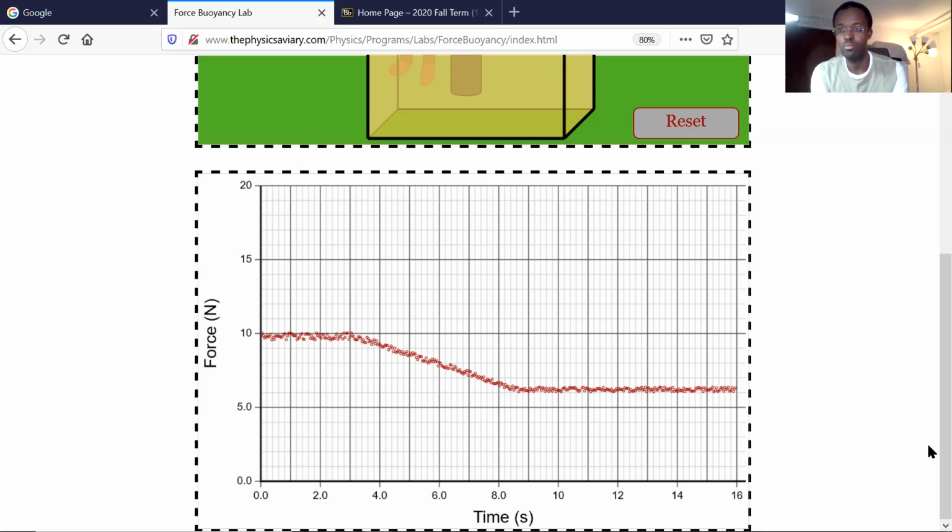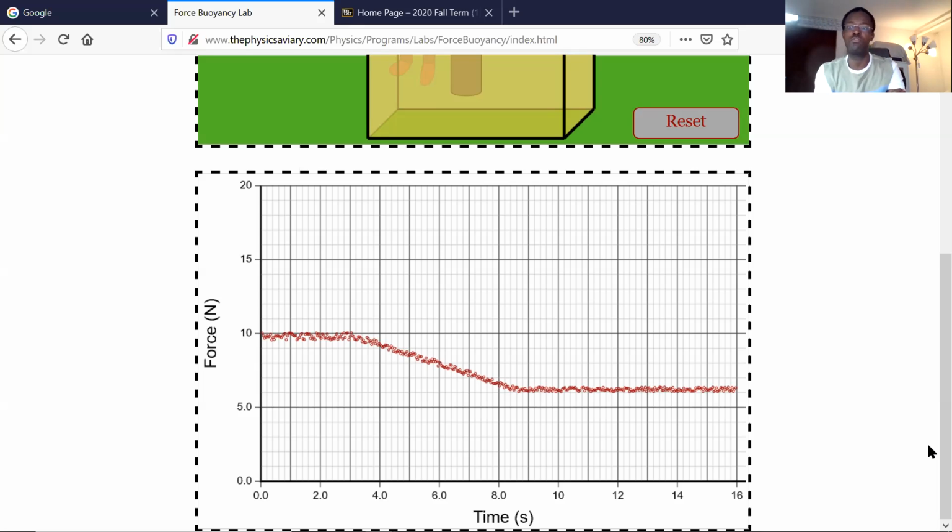Outside, it's normal weight. Outside in the ambient air, we will call that the actual weight. So there are three forces that come into play here in this experiment: the buoyant force, the actual weight, and the apparent weight.